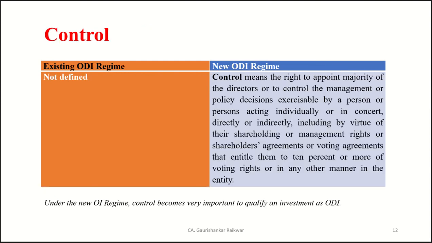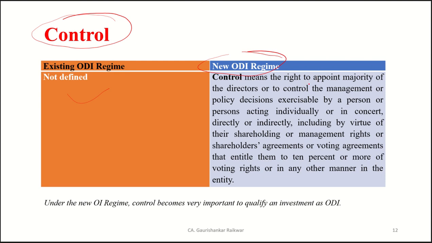Now control, this is very, very important, because for an investment to be classified as overseas direct investment, control becomes very important, whether it is a listed company or an unlisted company. In the old regime it was not defined, but under the new ODI regime it is defined. So what is control?